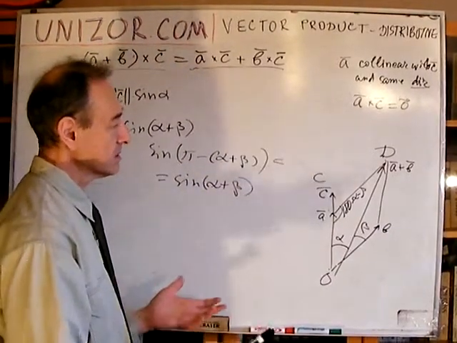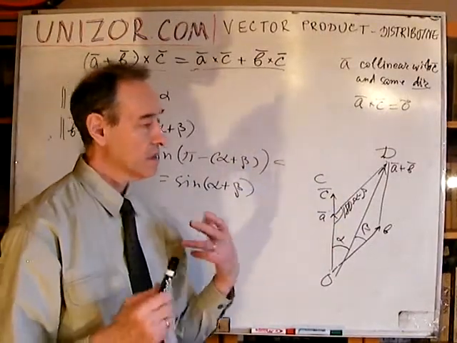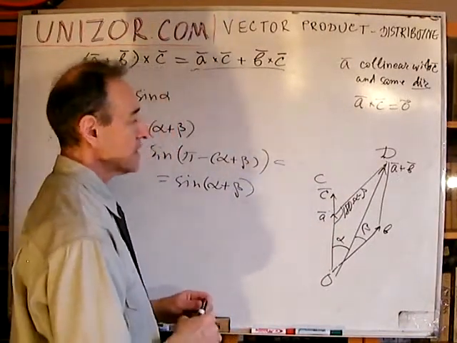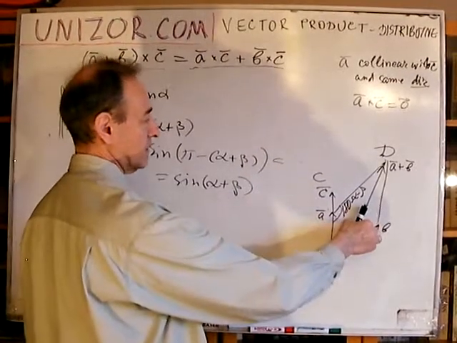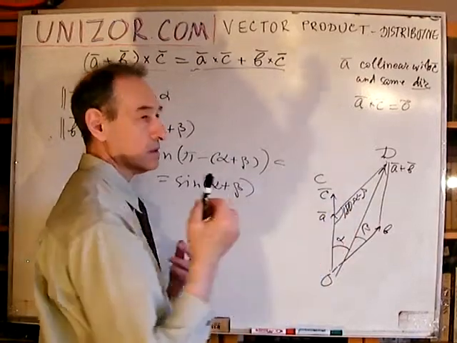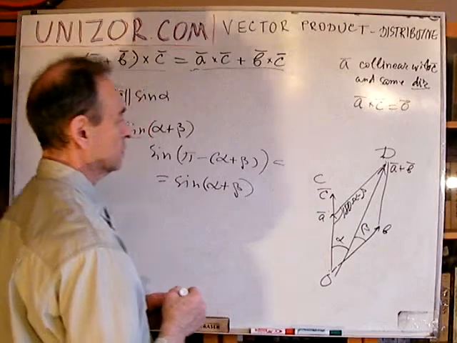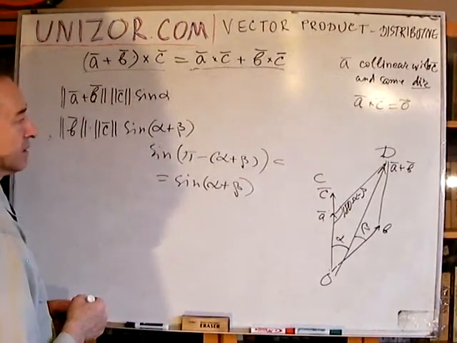And now consider in this triangle OCD the law of sines. Now the law of sines says that every side divided by sine of the opposite angle is equal to another side divided by its opposite angle and the third one.